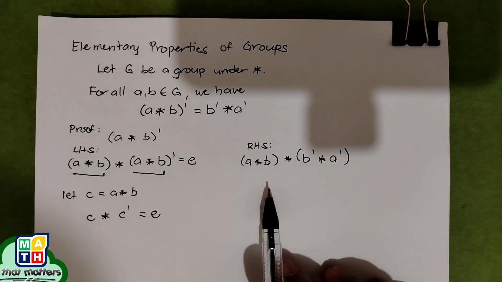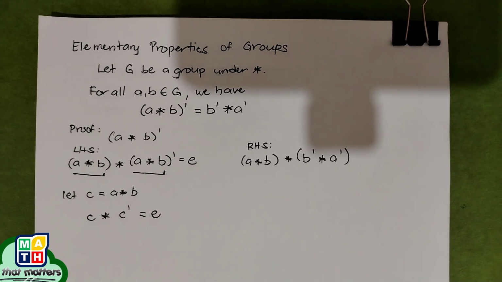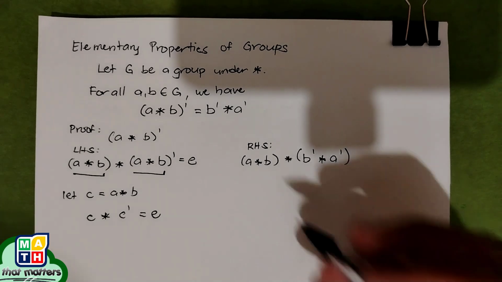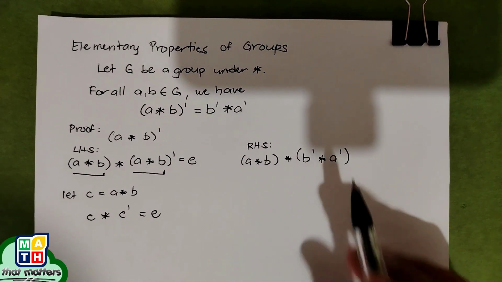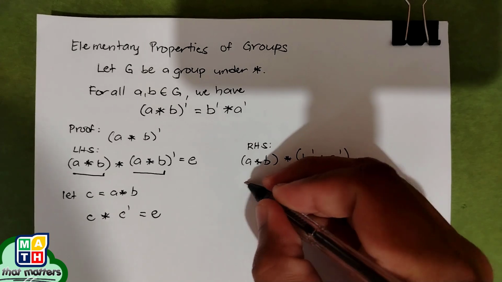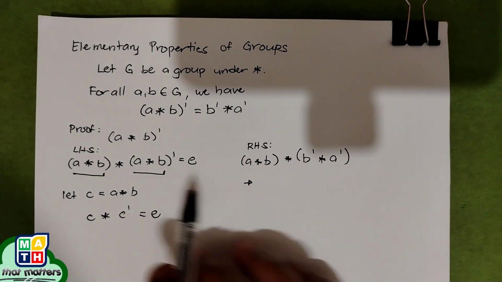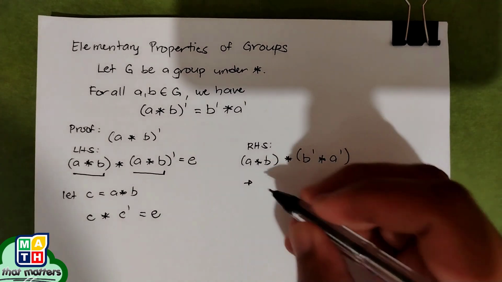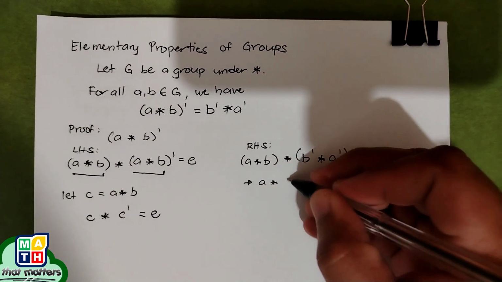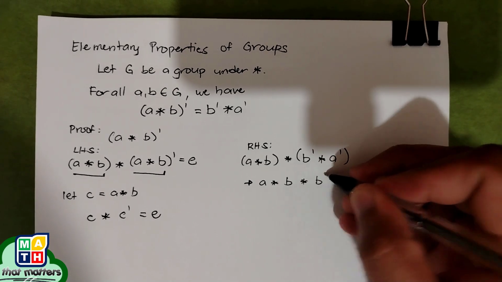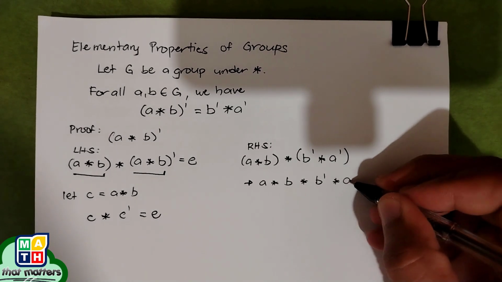What I would like you to do here is use the associative property, or you can break the groupings as we have here. This is the new form. I'm not going to use equality so that you will not be confused. You have A star B star B inverse star A inverse.